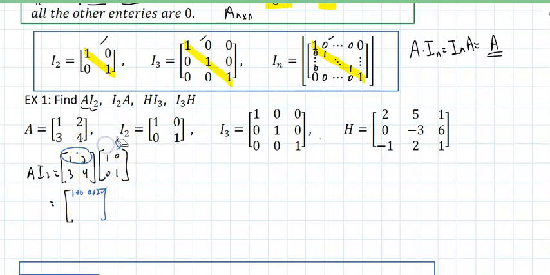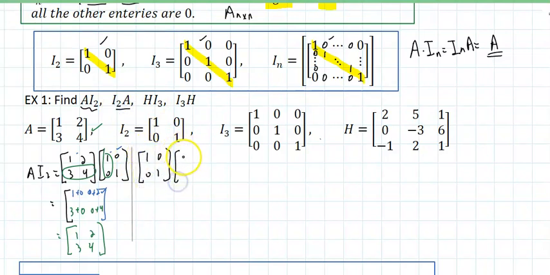To generate the second row, I use the second row: 3 times 1 is 3 plus 4 times 0, and 3 times 0 is 0 plus 4. And what do you notice happens? I get A back.